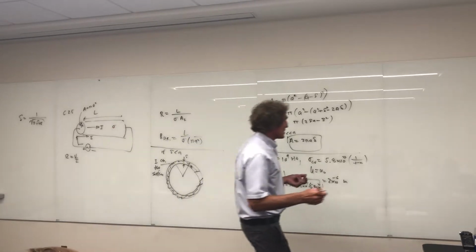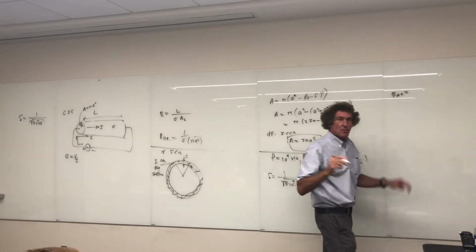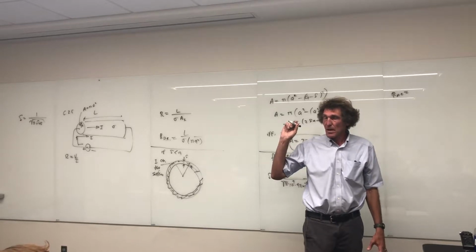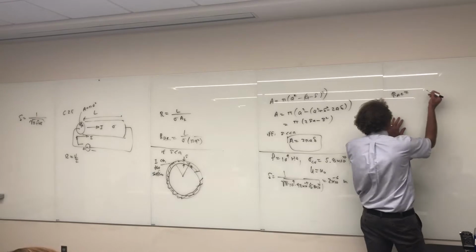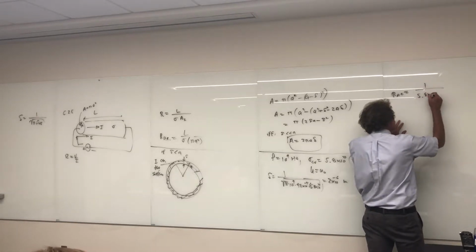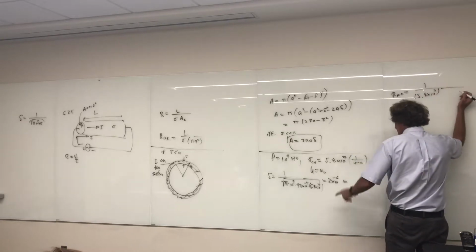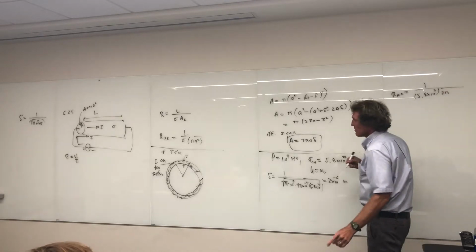That means when I take a look at the AC resistance, do they give us a length, or do they want it per meter? It's per meter length. That means you assume L is 1. It's the easiest way. So the resistance is just 1 over sigma, 5.8 times 10 to the 7, times the area, and the area in this case is going to be 2 pi times the radius of that wire.